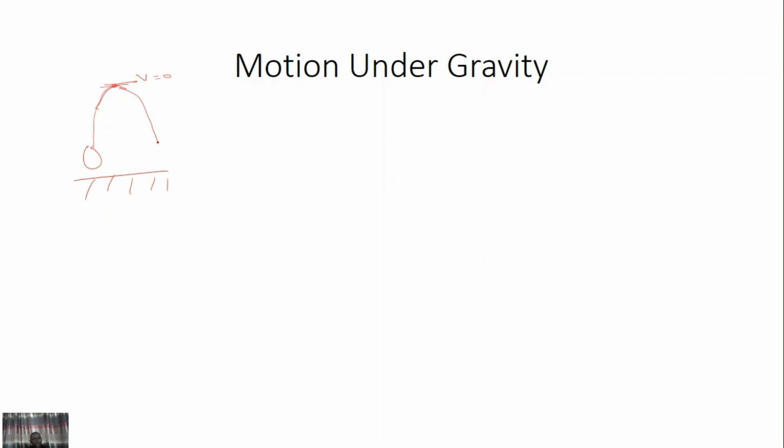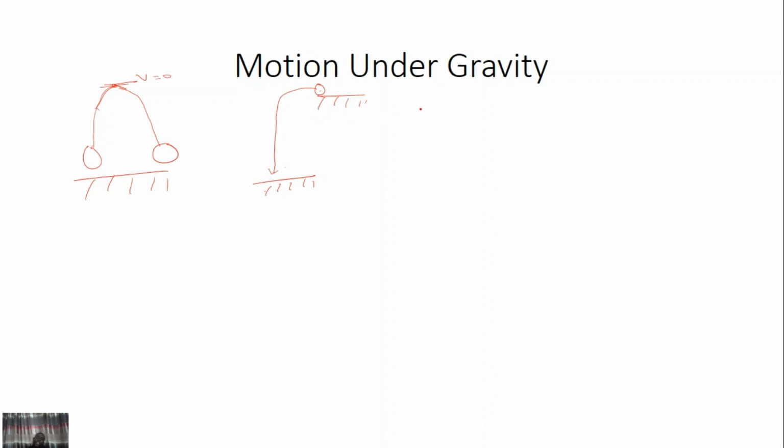Then it will come down. Okay, this concept is motion under gravity. And we can also throw a stone from a height here, and when it comes down, that's motion under gravity.